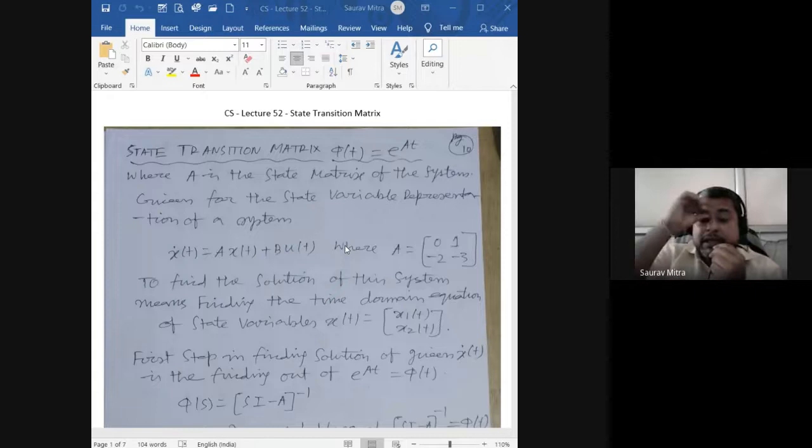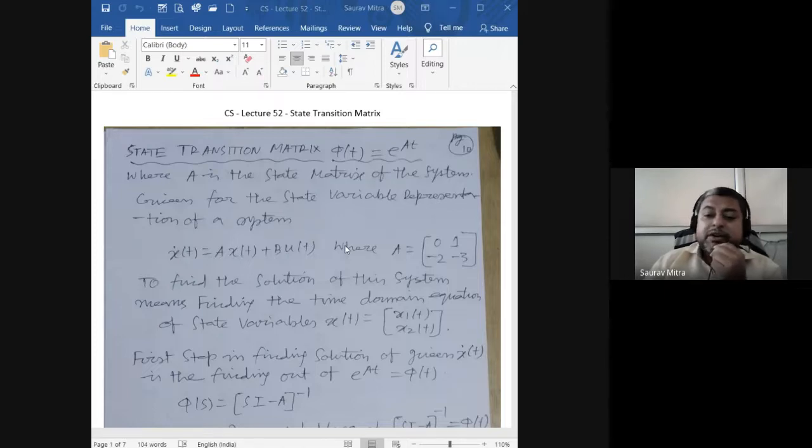In signals and systems also, you might have seen that any system has two parts in its response. One is called the zero input response, and the other is called the zero state response. What is meant by zero input response? The zero input response is the response provided by the initial condition. Suppose a capacitor is storing some initial 0.5 volt.